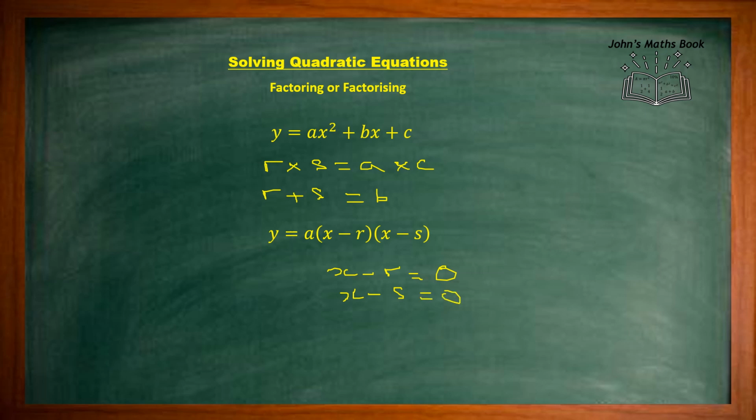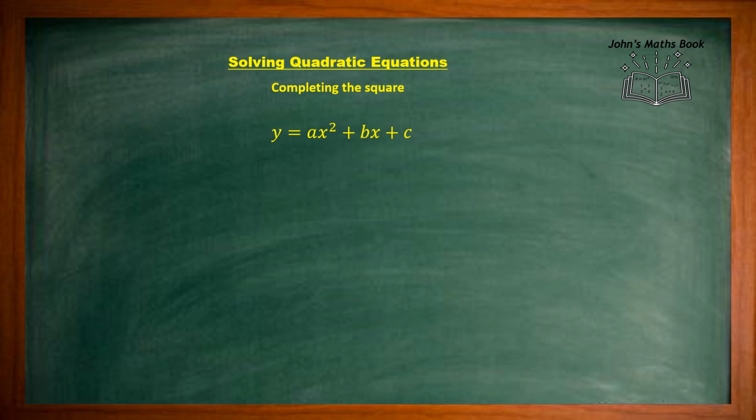So in this case, one of the roots is x equals r, and in the second case, x is equal to s. Now we'll take a look in more detail at the factoring method in our next video.